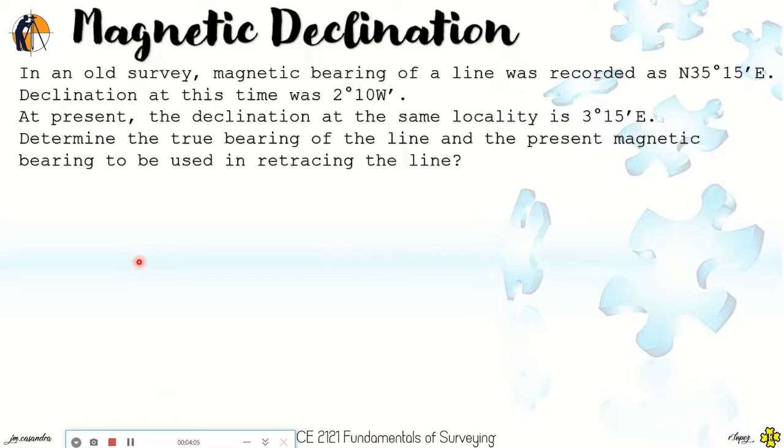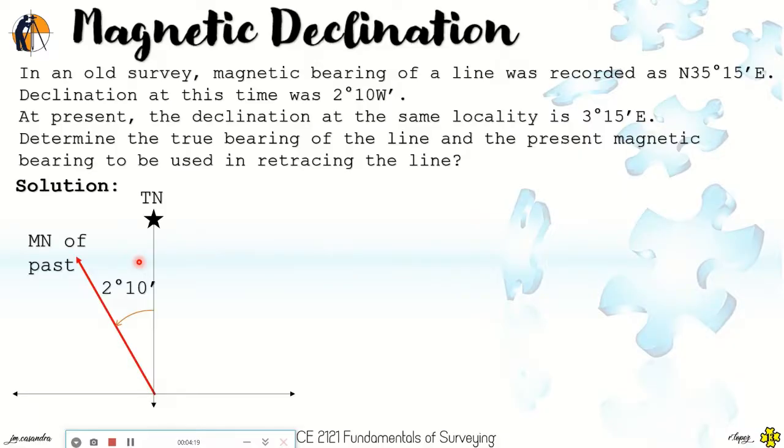Determine the true bearing of the line and the present magnetic bearing to be used in retracing the line. So in order to solve this problem, we have to draw our true north with the magnetic north of the past at 2 degrees 10 minutes west, and the magnetic bearing at this time is at north 35 degrees 15 minutes east.